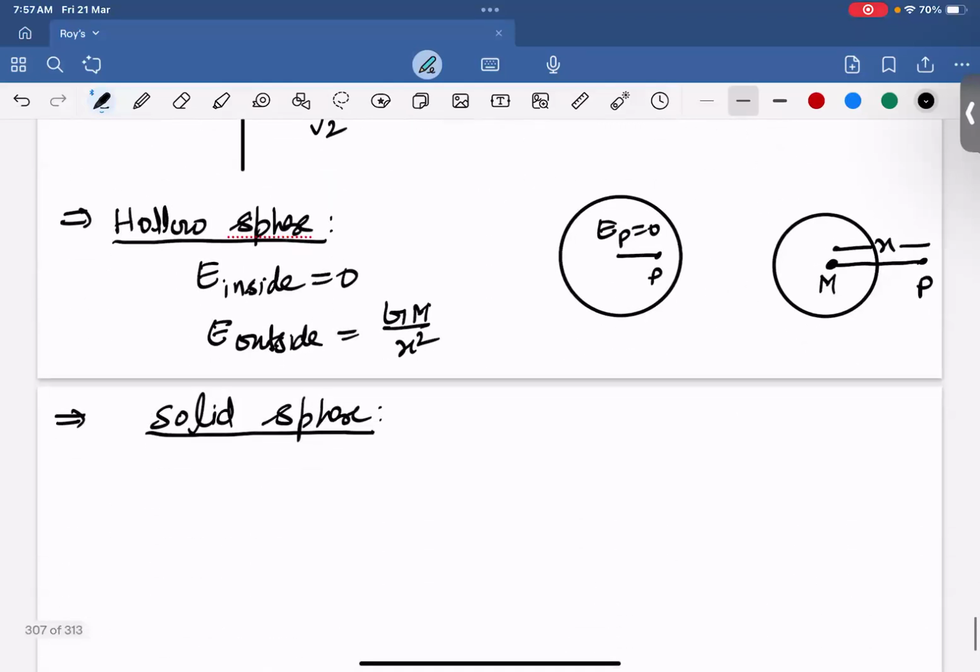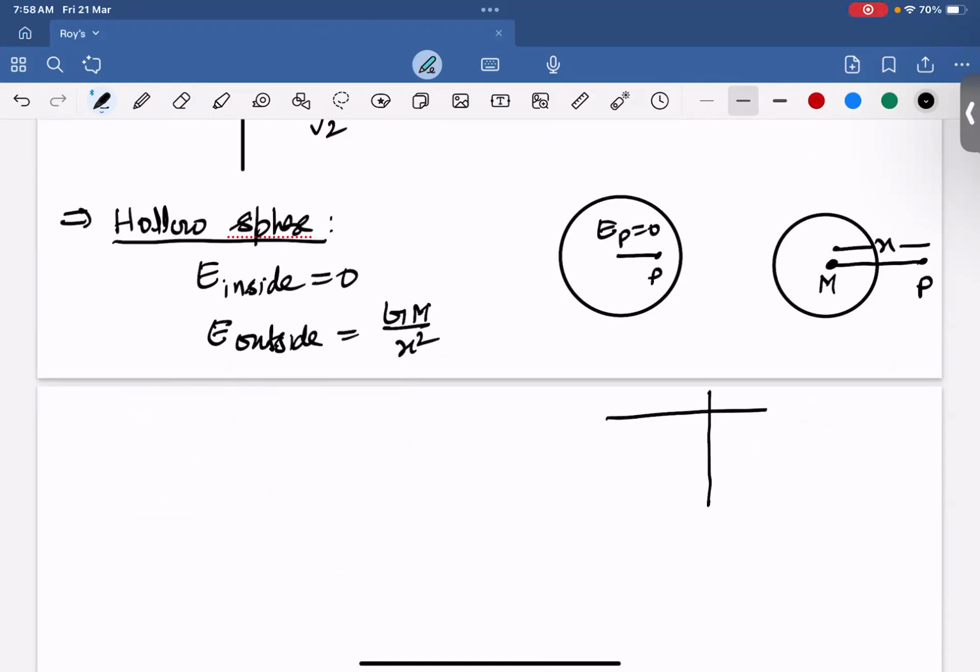Okay. Then we have solid sphere. Here inside will not be zero. If hollow sphere graph I have not drawn now, let's draw the graph also for hollow sphere. The graph of hollow sphere is like this.